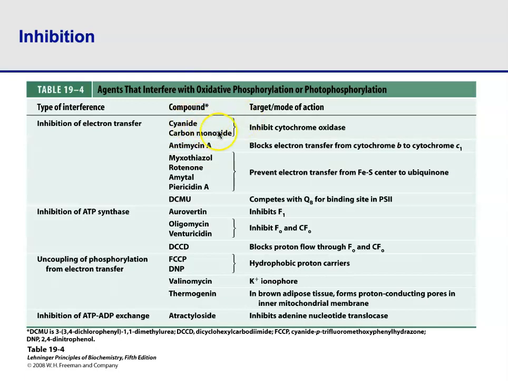That is because they inhibit the transfer of electrons from cytochrome C to complex 4, and as a result, their toxicity is really high. And you can see a fair amount also of antibiotics and other compounds that can be used as blockers of different steps of the oxidative phosphorylation pathway.